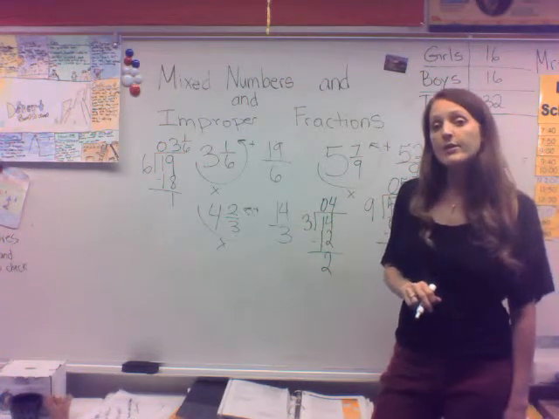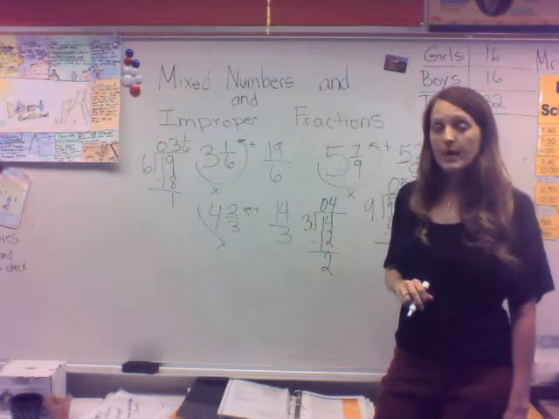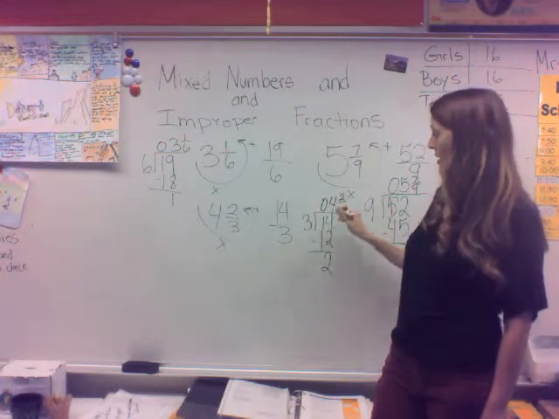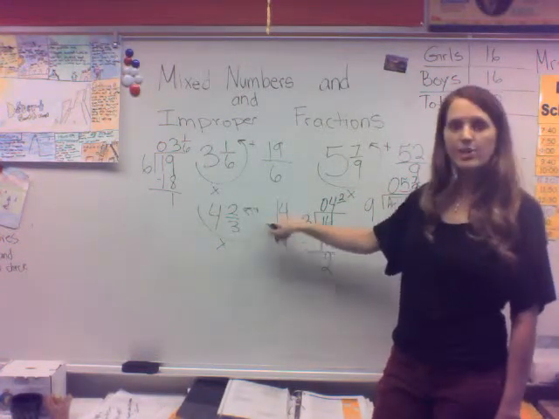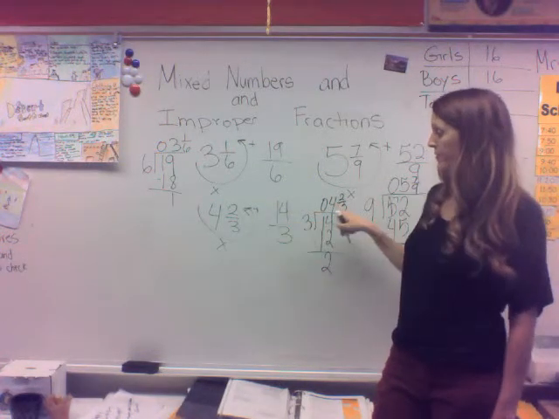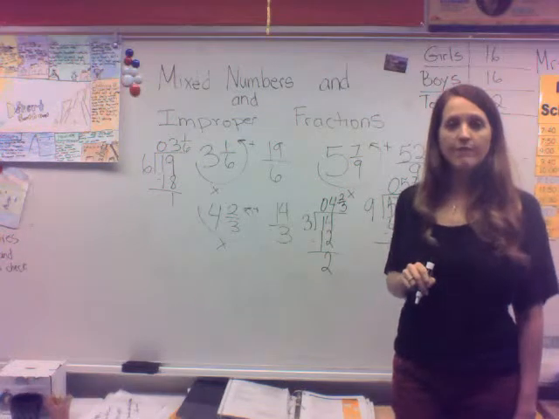What do we do with our remainder? Our remainder becomes our numerator, and our denominator stays the same. I started with 14/3. I have to end with thirds, and there's the 4 and 2/3 I was looking for.